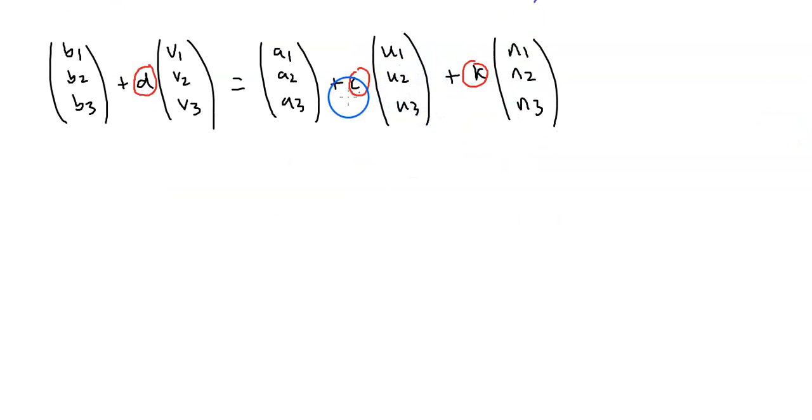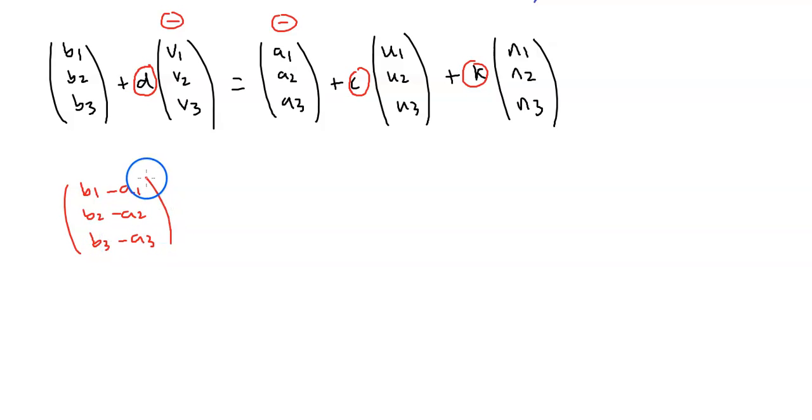We can write this in a different way if we subtract this one from both sides and subtract this one from both sides. On this side here we get b1 minus a1, b2 minus a2, and b3 minus a3.